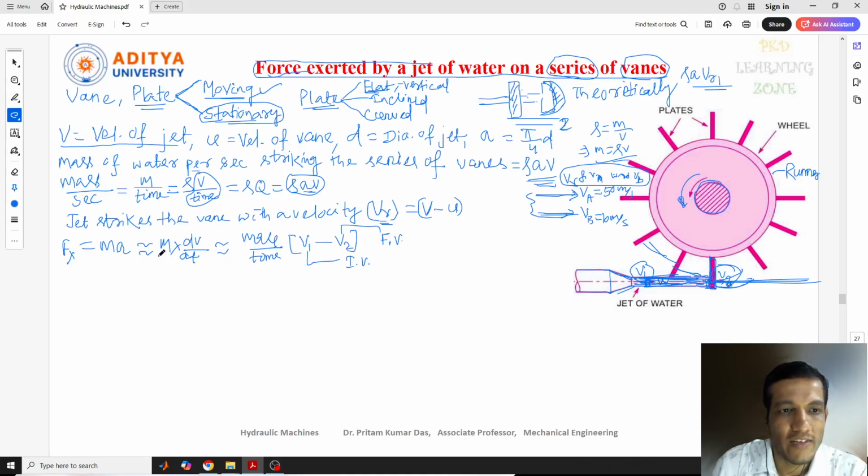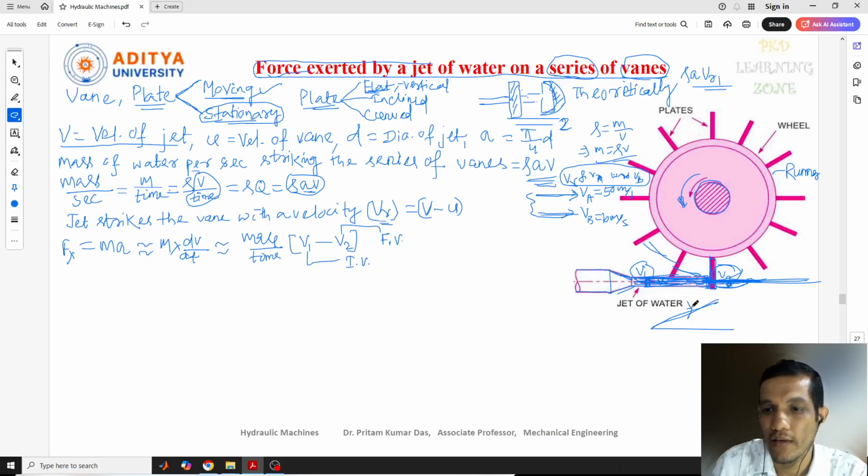Now after striking, see, before striking, this is after striking, you can say. So after striking, you can see the jet moves tangential to the plate, striking here at the tangential to the plate. So what will be the velocity component in the direction of motion? If it is inclined, then we can calculate some kind of velocity component.